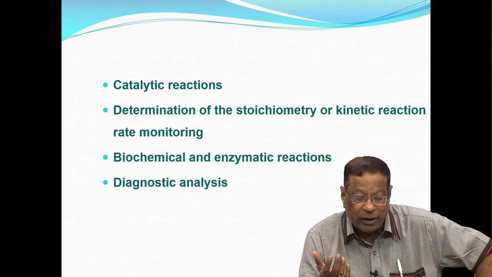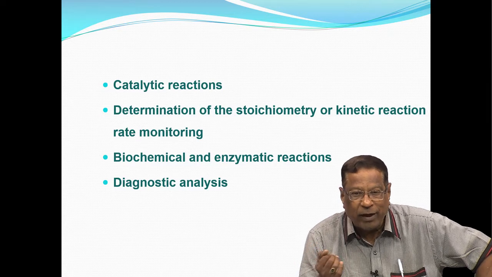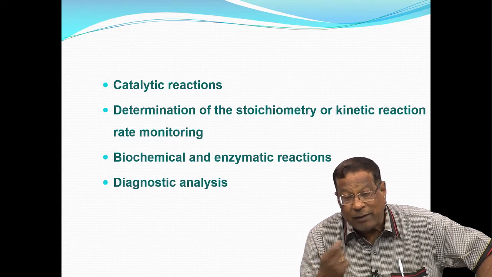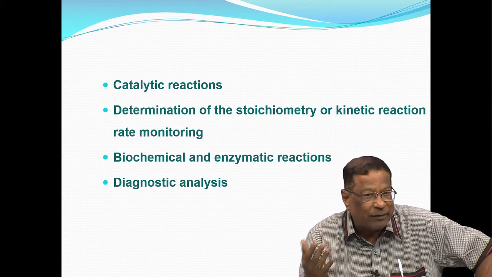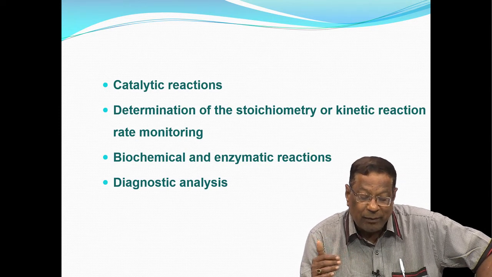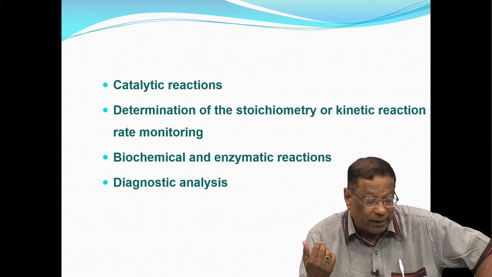Sometimes it is very important for us to determine the stoichiometry of a chemical reaction. Sometimes these reactions can proceed in a rate determining step involving several steps. Therefore, it is also possible for us to determine the kinetic reaction rate, that also we can monitor.